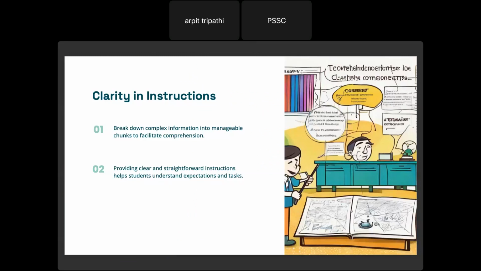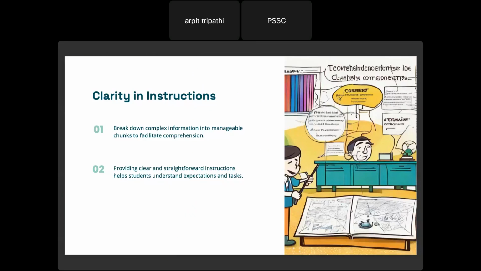Just try to break down complex information into manageable chunks to facilitate comprehension. So, how to break down complex information into manageable chunks to facilitate comprehension?